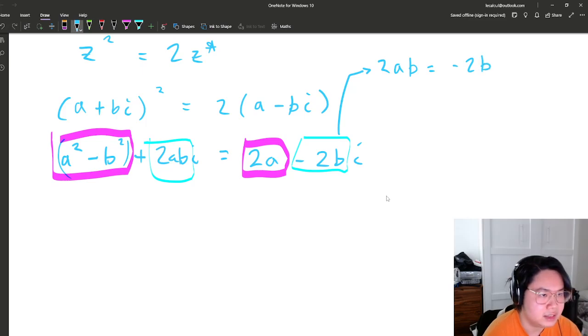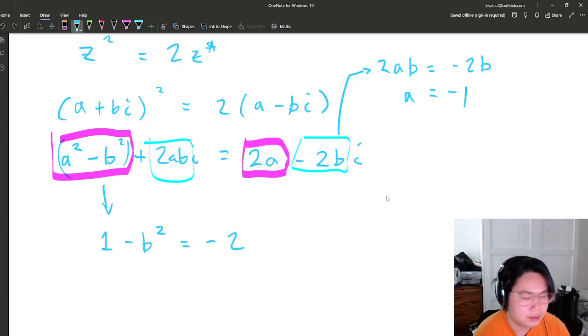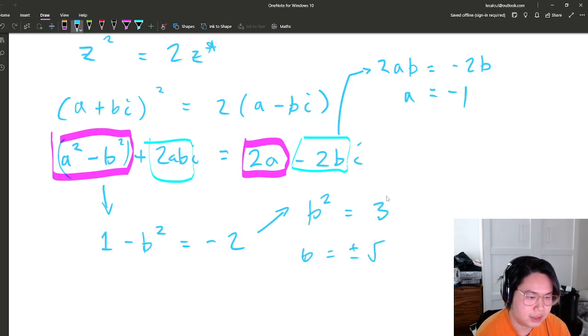If you just look at this, this basically means that a has to be -1. Then from this one, -1 squared is 1, minus b squared needs to equal 2 times -1, so -2. So b squared needs to be equal to 3, so b is plus or minus root 3.